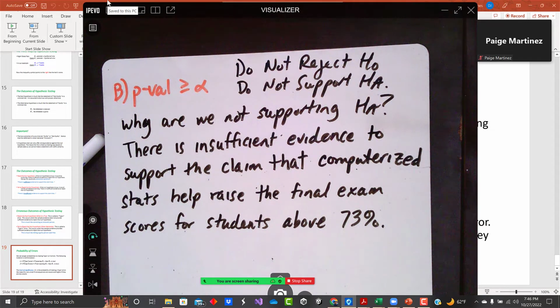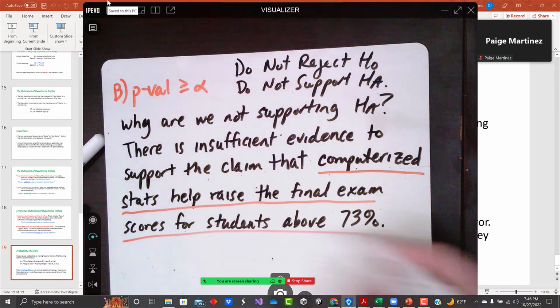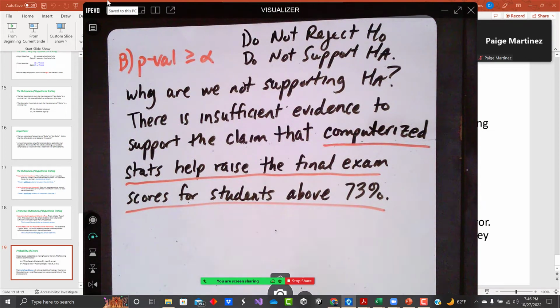So this part is particular to the one example I was just giving, but normally you would paraphrase HA here.